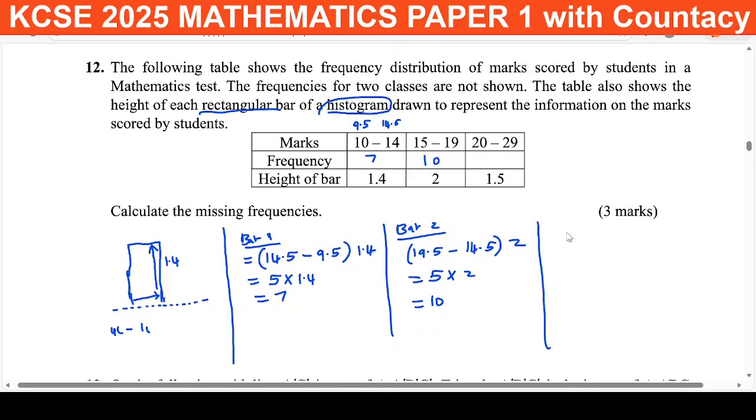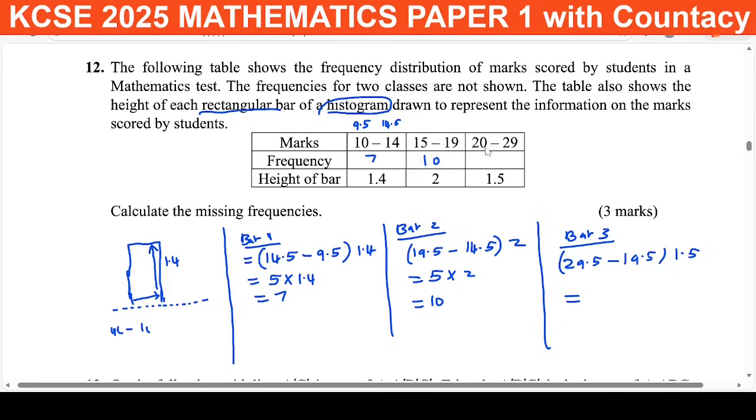Finally, I move on to bar 3. Bar 3, I have 29.5 minus 19.5, multiplied by 1.5. Let's work it out together, and here you have to be a bit careful.